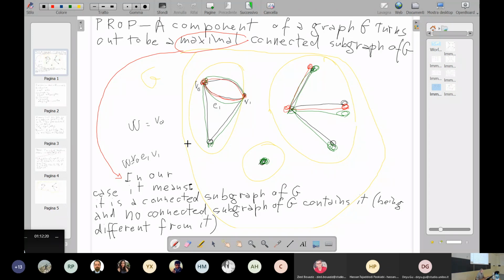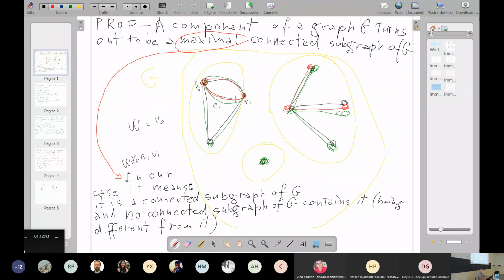Same argument for this part. If I take these 2 vertices and these 2 edges, this is a connected subgraph of G. Why? Because if I take any 2 vertices, there is a path, a short one, connecting the 2. So it is a connected subgraph.